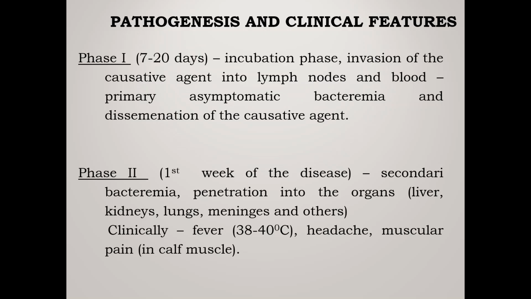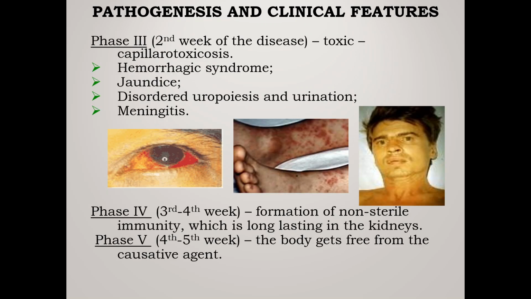And clinical symptoms: fever, headache, muscular pain, and common flu symptoms. Phase 3. Toxic capillarotoxicosis. You can see clinical symptoms like hemorrhagic syndrome, jaundice, disorders of uropoiesis and urination, and meningitis.